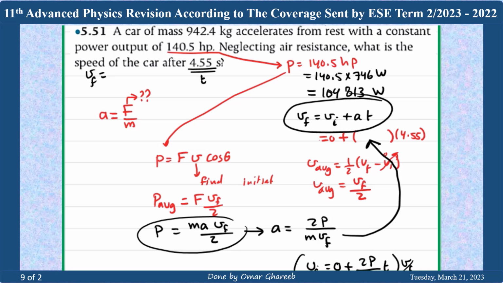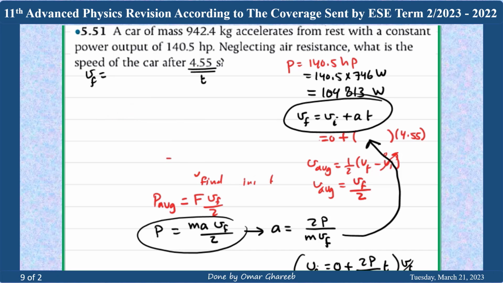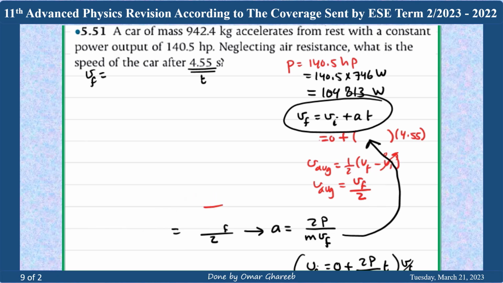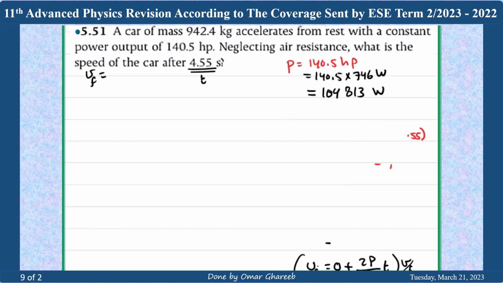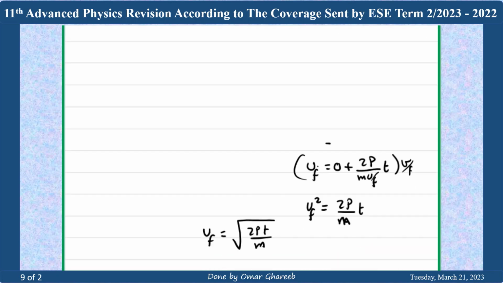Let us leave all of these and remember the last expression we have: V equals the square root of 2PT over M. Do you remember that? Okay, let's go back and we will solve it again with another procedure easier than that. This is the answer.